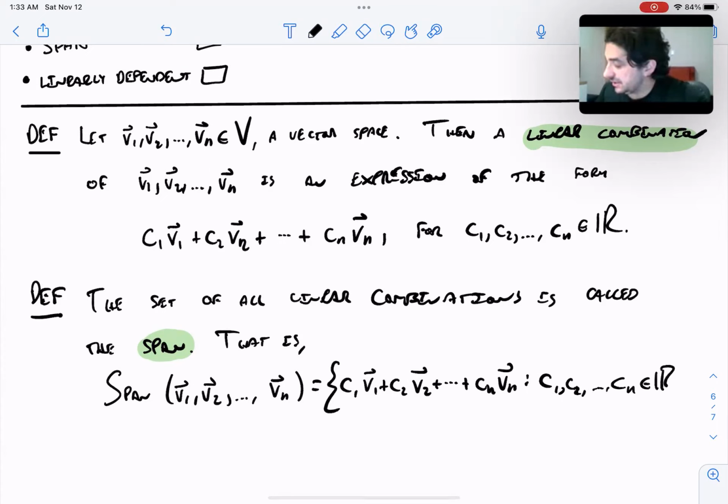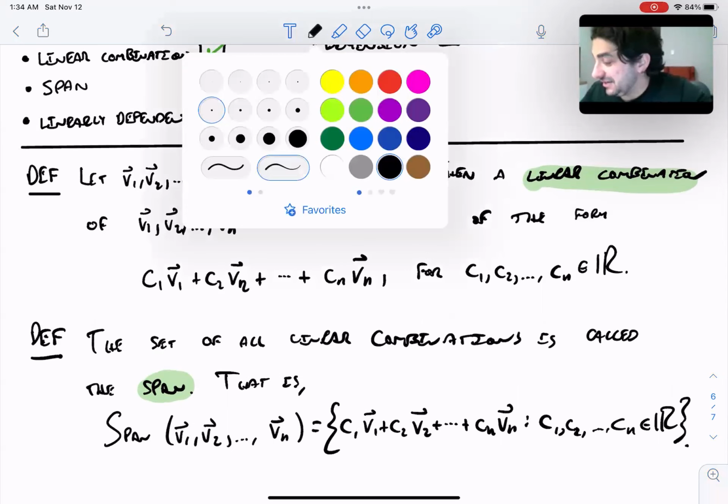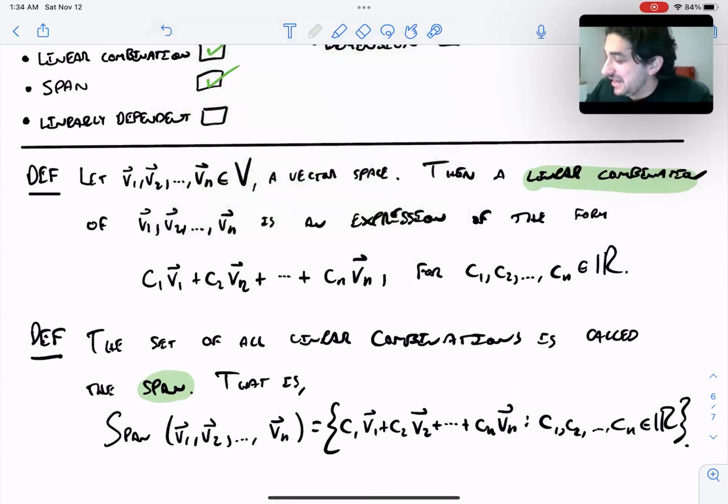So these c's can be chosen to be any values across the real numbers, and for every possible choice of c, you get another combination, and the set packages them all together. That's the span. There's our next definition.